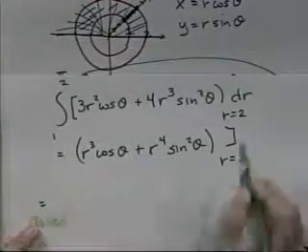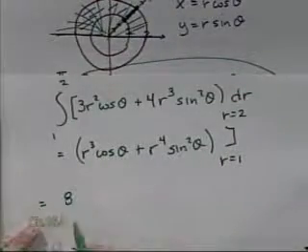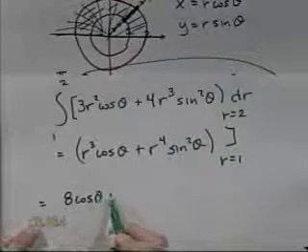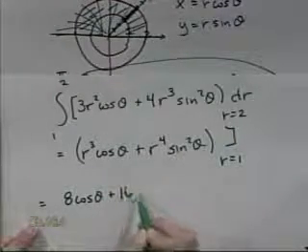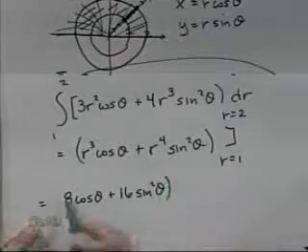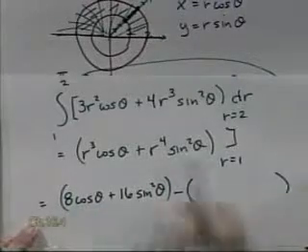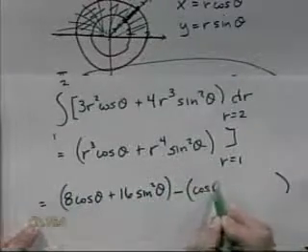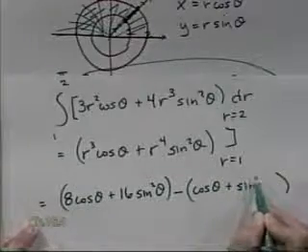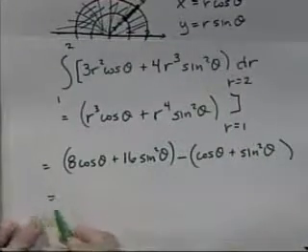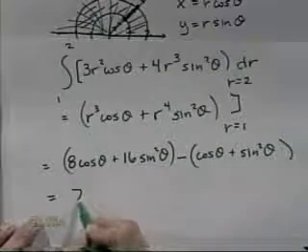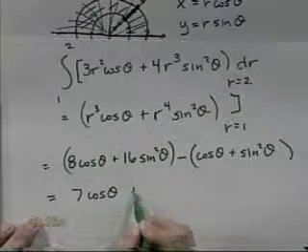Plugging that in, I get 2 cubed is 8 cosine theta, plus 2 to the 4th is 16 sine squared theta, minus, plugging in 1, I get cosine theta plus sine squared theta. And combining similar terms, 8 cosine theta minus cosine theta is 7 cosine theta.